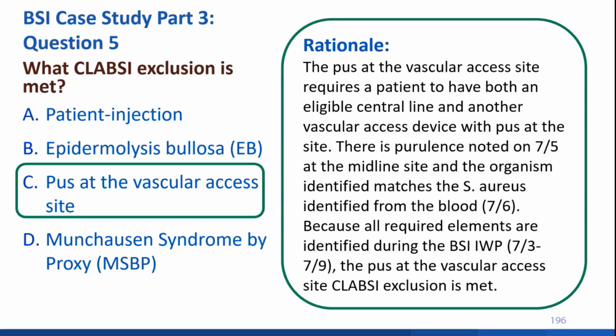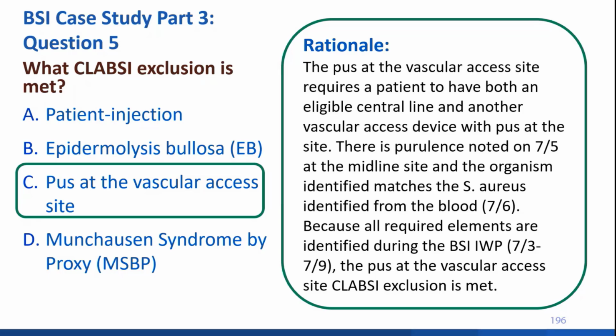C is the correct answer. The pus at the vascular access site requires a patient to have both an eligible central line and another vascular access device with pus at the other vascular access device site. There's purulence noted on 7.5 at the midline site. That is our other vascular access device.